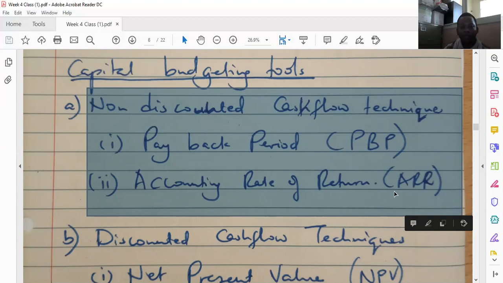These two techniques are referred to as non-discounted cash flow techniques because they do not take into consideration the concept of time value of money, which means that they do not discount their future cash flows into their present value cash flows.